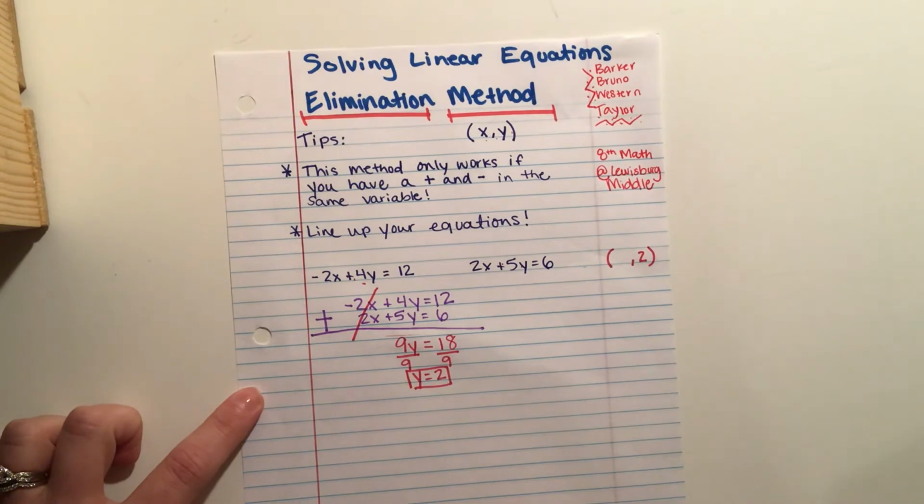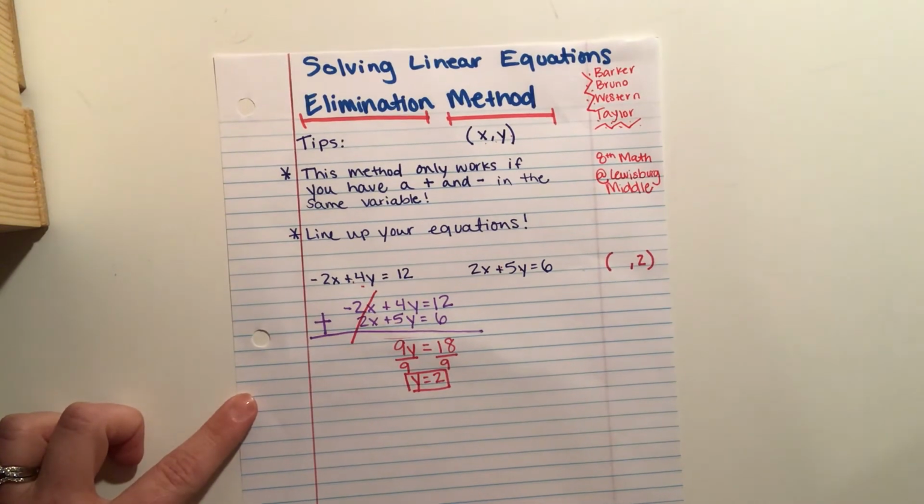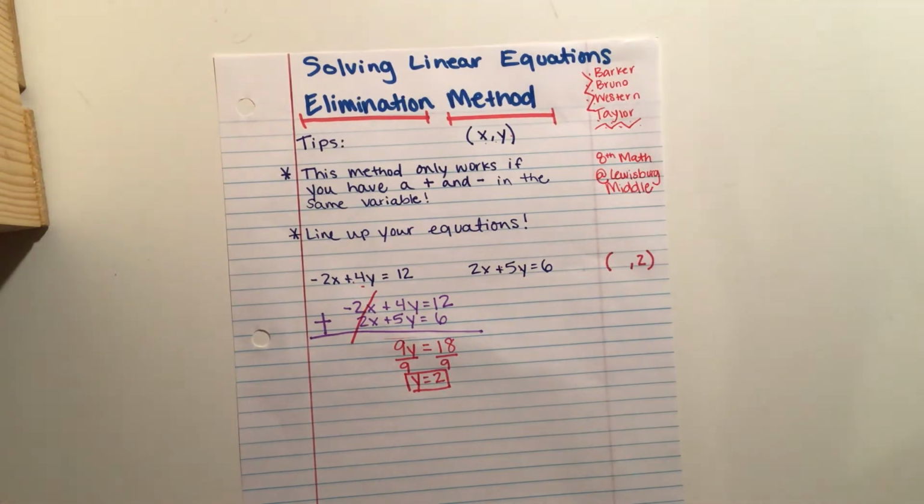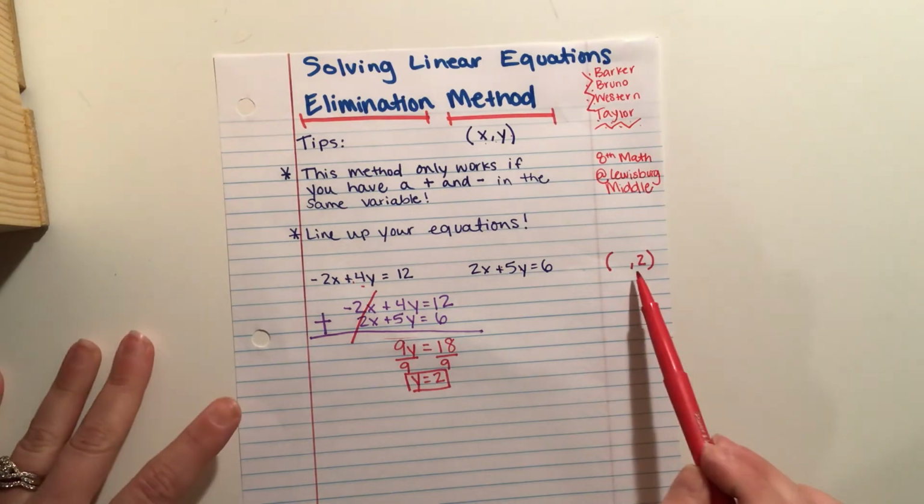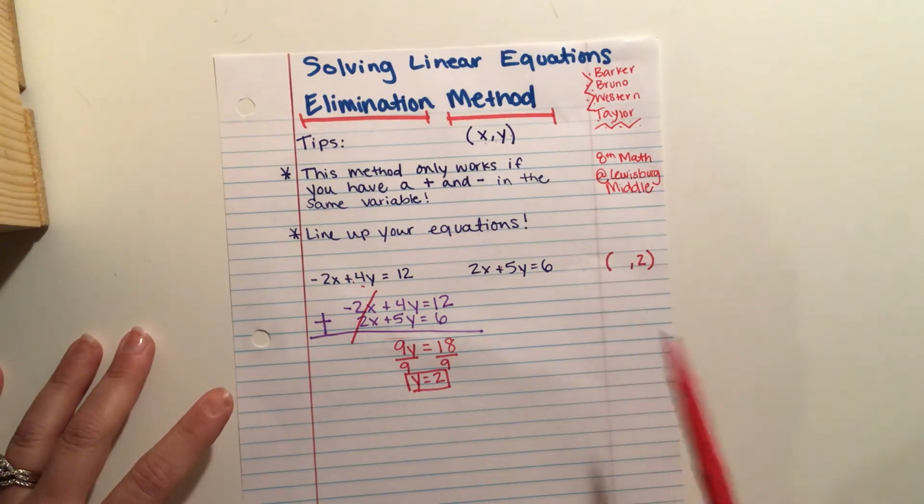If you're not sure about the substitution method, and this is the first video you are viewing, you might want to go on my YouTube channel and watch the substitution method, because the elimination method works really quick to get rid of one variable. You must know the substitution method in order to finish solving this problem because right now you only have half of your ordered pair.